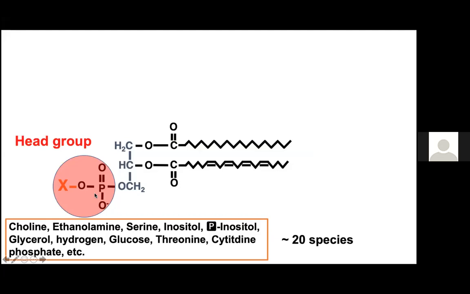These include choline, ethanolamine, serine, inositol, various phosphorylated forms of inositol, glycerol, hydrogen, glucose, threonine, cytidine, phosphate, etc. Thus, glycerophospholipid molecules with more than 20 polar head groups exist in the cell. I think the development of lipidomics technology may lead to the discovery of novel phospholipids with previously unknown polar head groups in the near future.